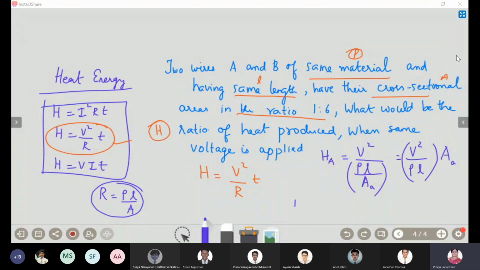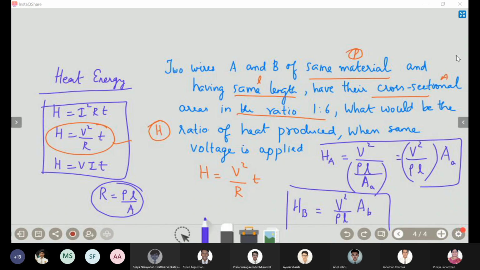What is HB? It will be V squared over rho L times the area of this wire. Now you divide both equations 1 and 2, boys.